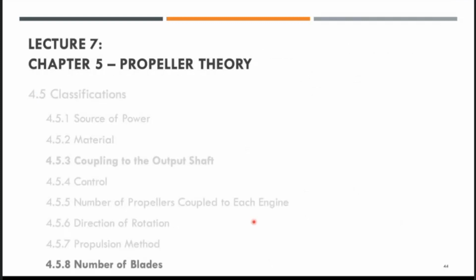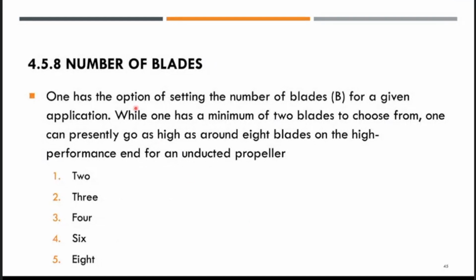Right, number of blades. One has the option of setting the number of blades for a given application depending on your choice, while one has a minimum of 2 blades to choose from. One can presently go as high as around 8 blades on the high performance end for an unducted propeller.